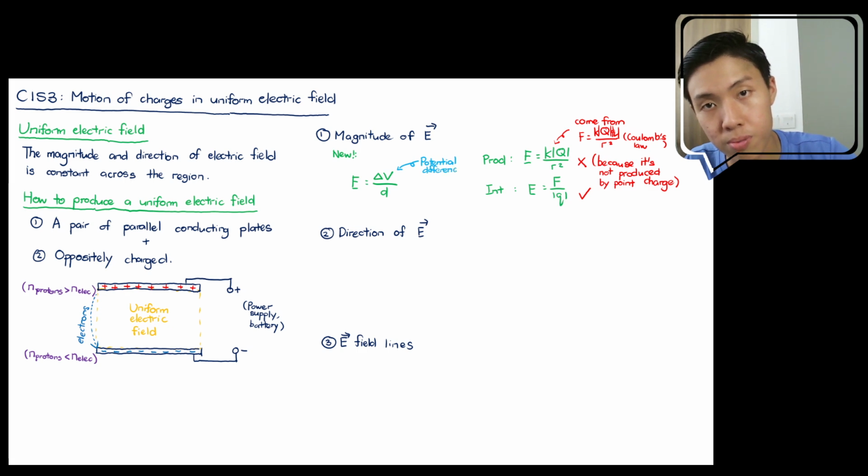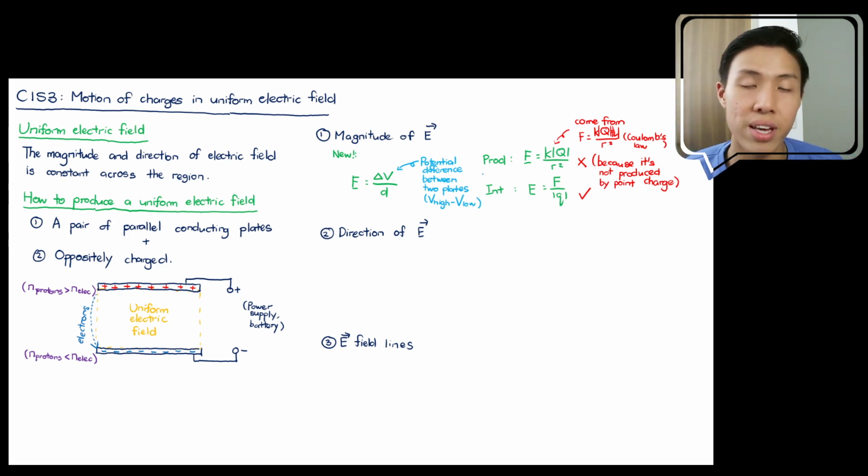Potential difference, but usually between two plates. Usually we take V high minus V low, because we talk about between, so there's no sense of direction.